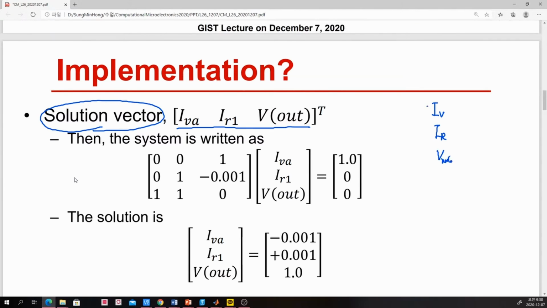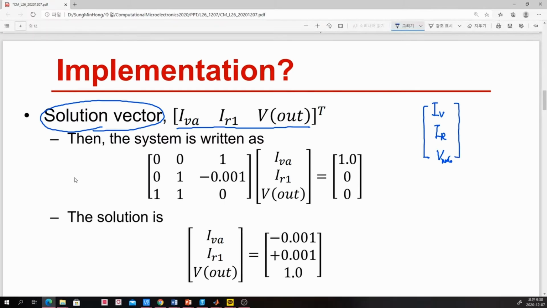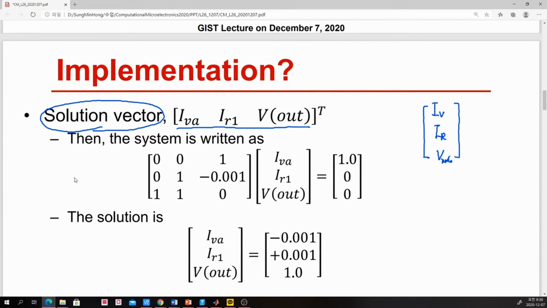You can see that the order is slightly different, but that doesn't matter. Actually, it's up to you. You can define any reasonable way of arranging your unknown variables.